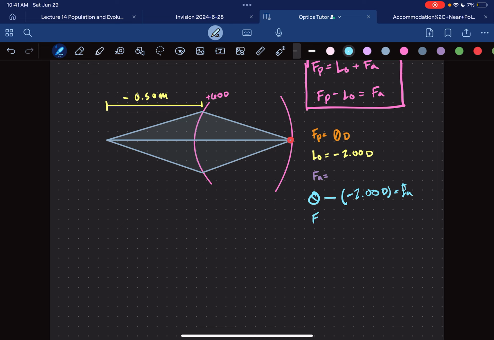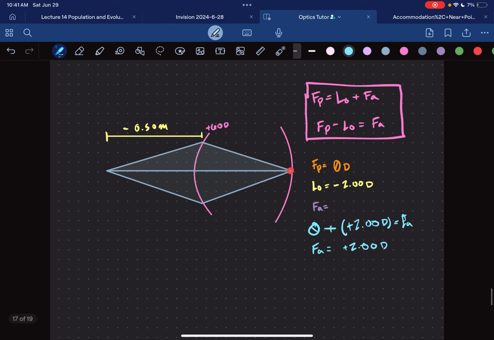So 0 plus 2 equals 2. An emmetrope looking at something that is 50 centimeters from them will have to accommodate 2 diopters worth. Their lens will have to become two more diopters worth of convex in order to counteract the negative 2 diopters of diverging light coming from that object.